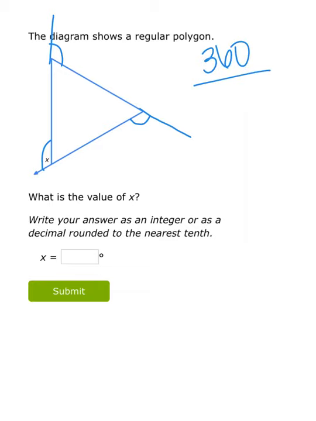So if I want to figure out what one of them equals, I would just divide my 360 by 3. And that would tell me what each of these exterior angles equals. So 360 divided by 3 is 120 degrees. So the measure of x would be 120 degrees.